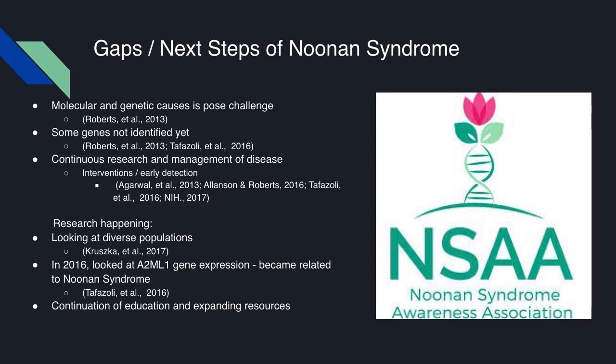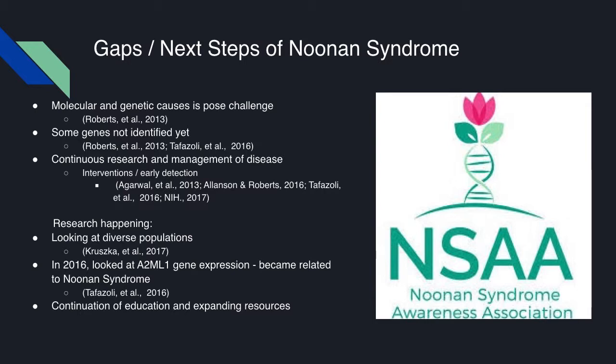I just think there might be an additional step, especially with those molecular and genetic causes that still pose challenges. So in regards to the next steps for Noonan syndrome, there is continuous research that has been happening currently and in the past, with continuous efforts from organizations and other research facilities.